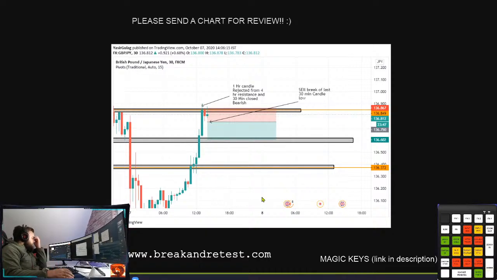I mean, for me, this is not a safe way to trade at all. You're just selling resistance basically, and you are entering after the break of the previous 30 minute candle low. I don't know this kind of way of trading, but I just think it's a little bit risky. Maybe for you it is good, so do your thing. I wish you the best.